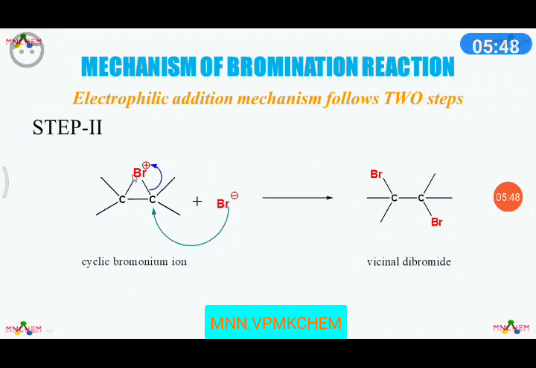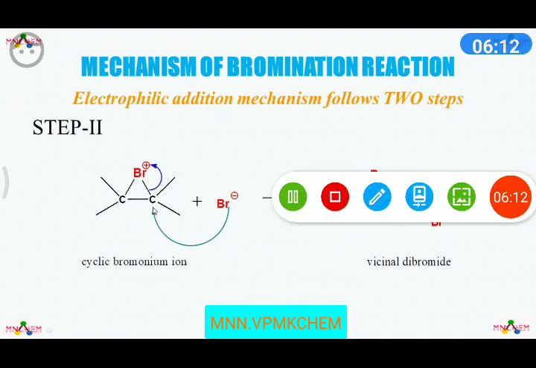So it is called anti-addition. In the first step, one bromine atom is added from the top face, and in the second step, the bromide ion or the second bromine atom is added from the below face. So it is called anti-addition.